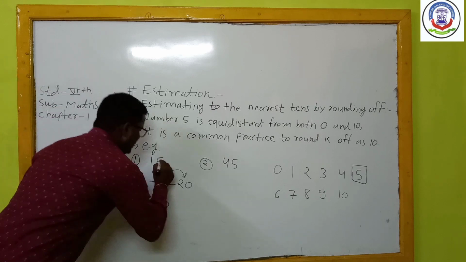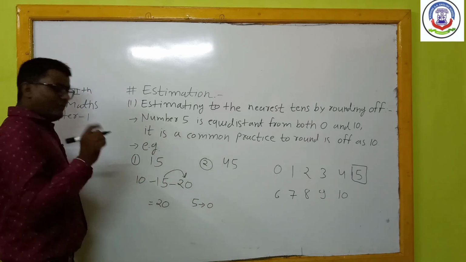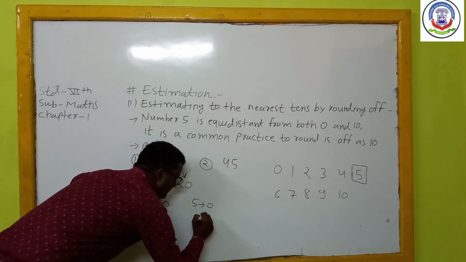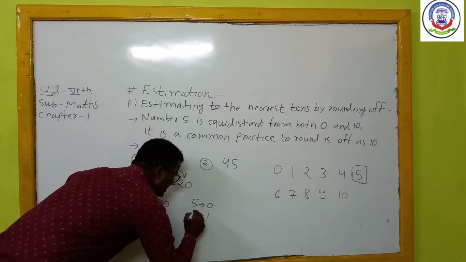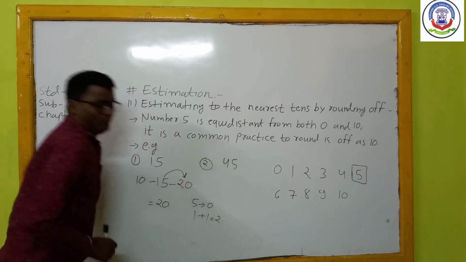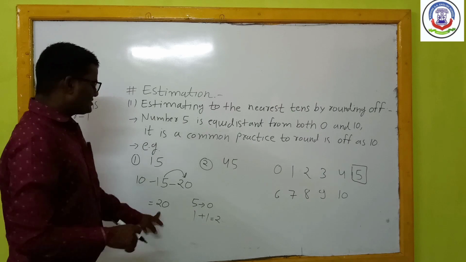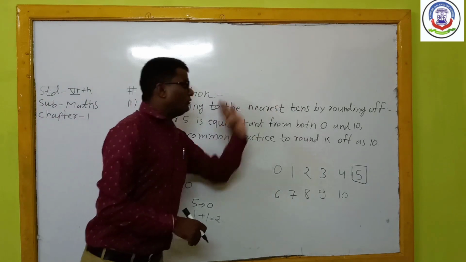Here your 5 becomes 0 and we will add 1 to the tens place digit, that is 1, so it will become 2. So we will write 20. This is the rounded off number of 15 to the nearest 10.